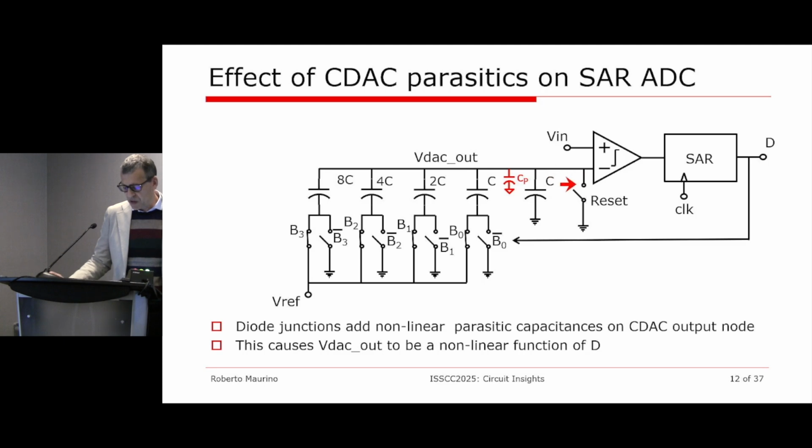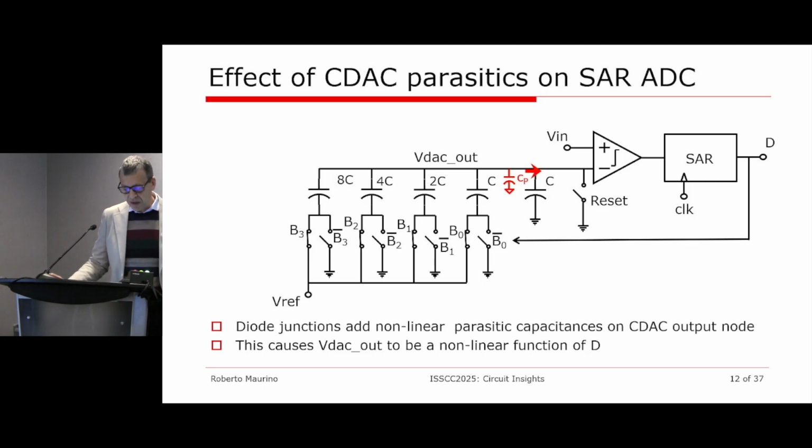And this is because, for instance, this switch will be made with a MOS device, so you have diode junction capacitance. And if you do your simulation, you'll find that this node here is not linear with the DAC code. You'll have some nonlinearity. And as you go to higher accuracy, 4-bit is probably fine, but if you go to higher accuracy, eventually you'll find that this is an issue.